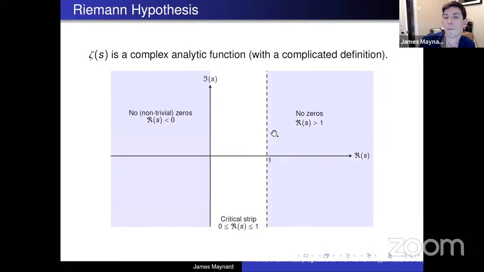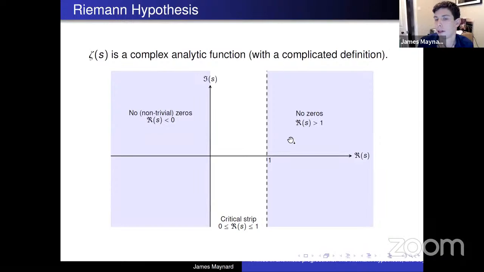Then there's one magical property of the zeta function, that it satisfies the symmetry about the line the real part of s equals 1/2, which means that since we understand the zeta function whenever the real part of s is bigger than 1, we also understand it whenever the real part of s is smaller than 0, and there's essentially no zeros of the zeta function in this range, apart from some trivial zeros that we don't need to worry about for the purposes of this talk.